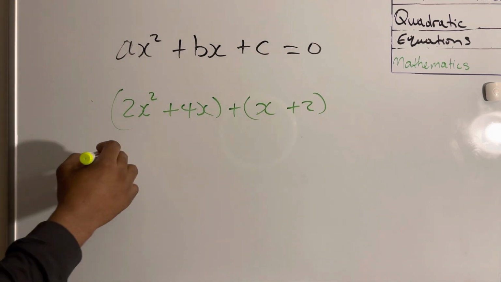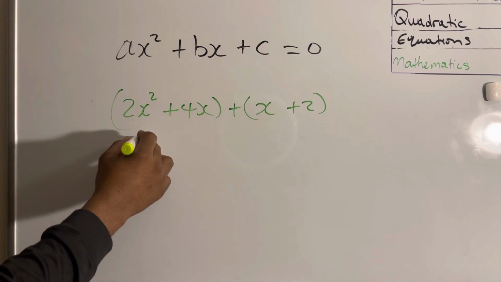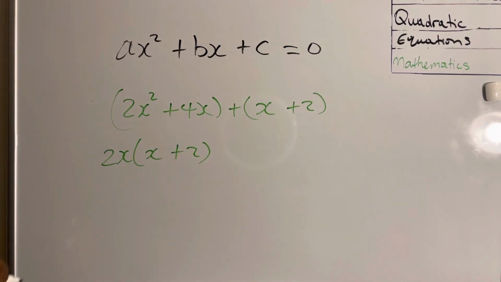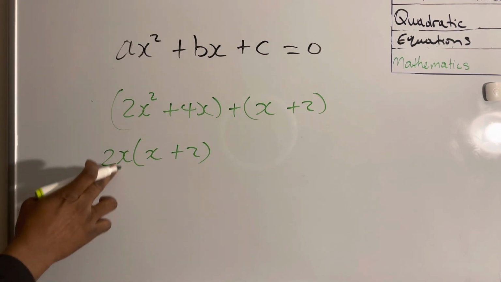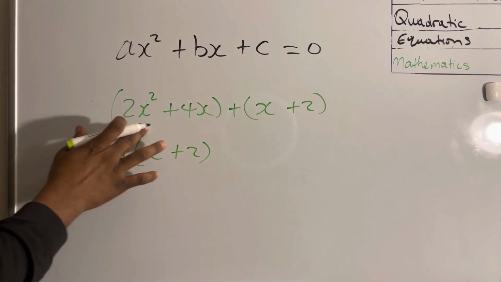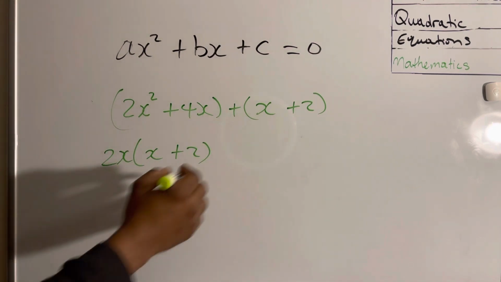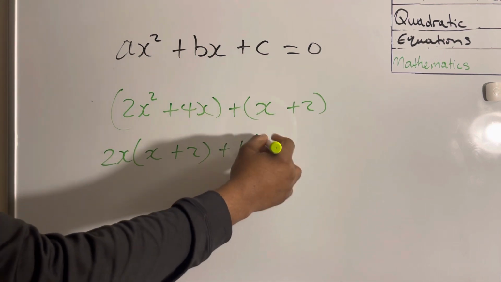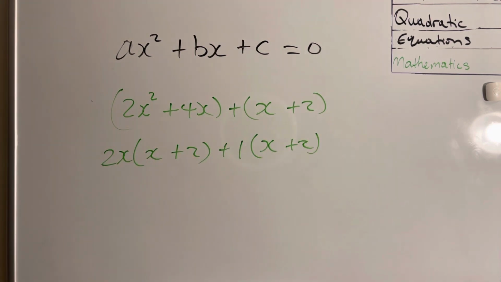In this case, you will have 2x, open bracket, x plus 2, because when you multiply whatever is outside by whatever is in the bracket, you should get back the original terms. Plus, what is common to the rest is 1, times x plus 2.